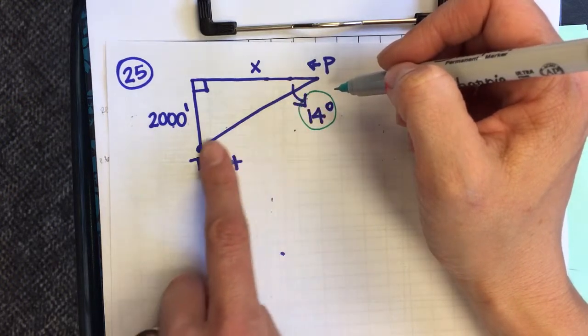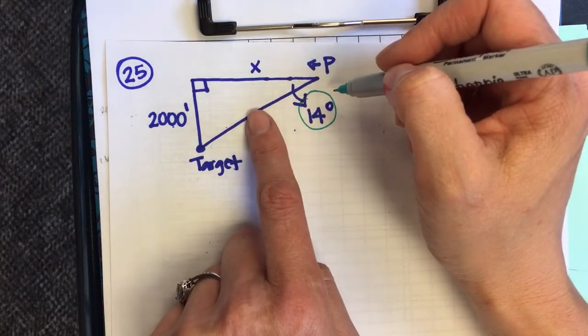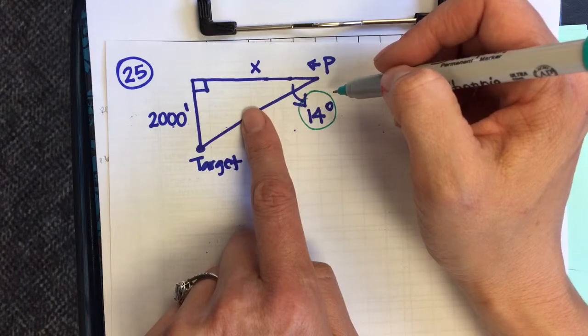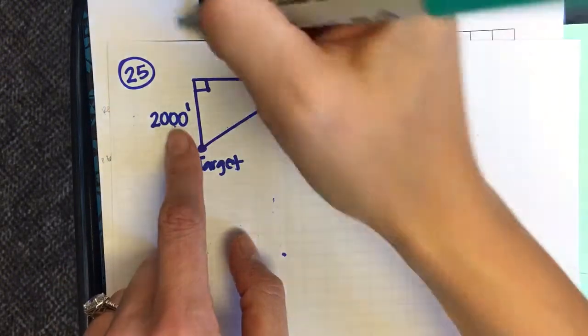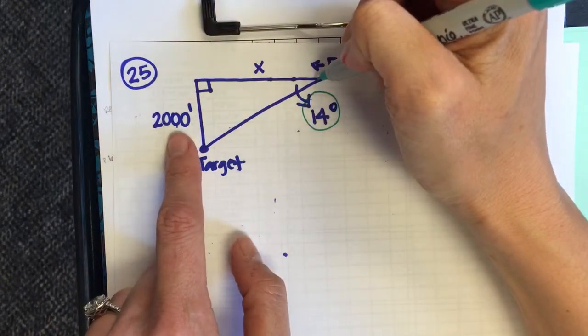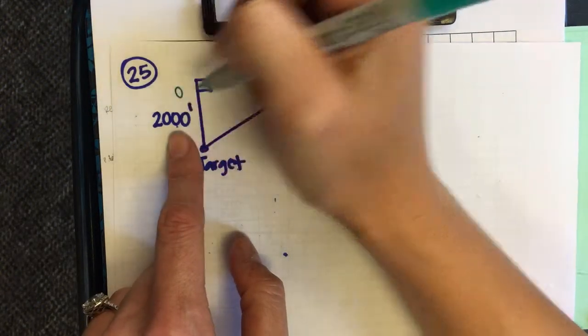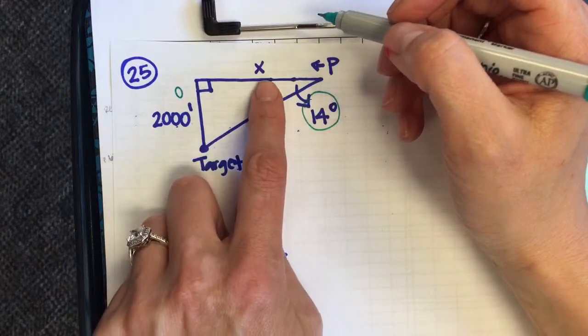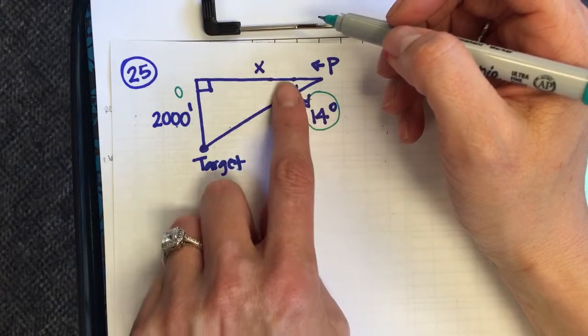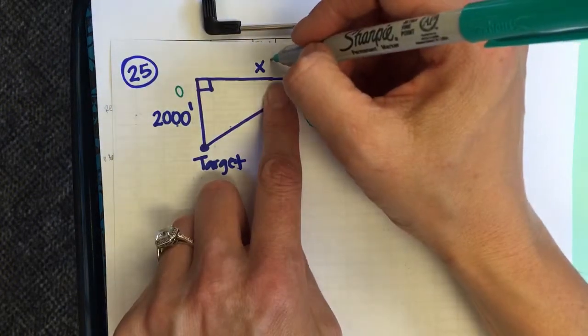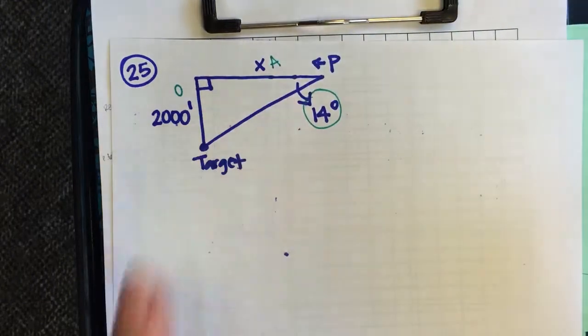I don't know anything about the hypotenuse, and they don't ask me about it, so I don't want to use that side. I have the 2,000, so if I'm using angle 14, 2,000 is opposite 14, so I'm going to label that. And then I want to find X. X is touching that angle, so that is the adjacent side.